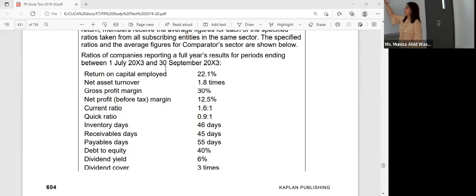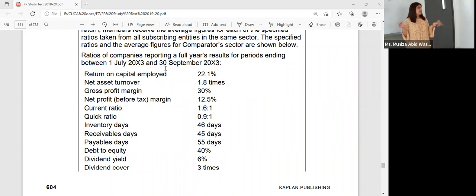What is the formula of net asset turnover? Sales revenue divided by net assets, or capital employed. What is the formula of the net assets? Assets minus liabilities.